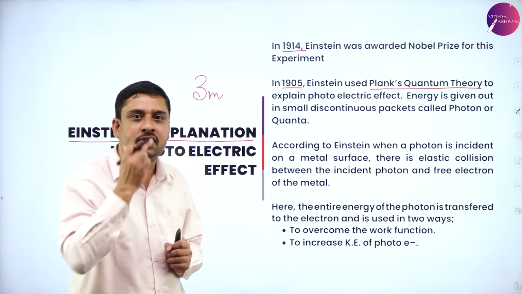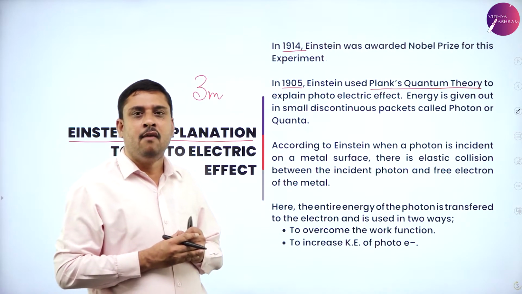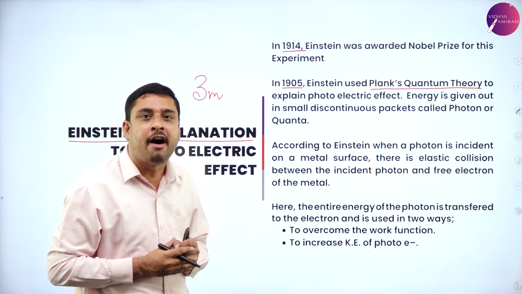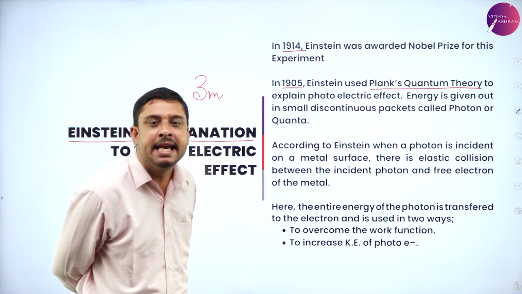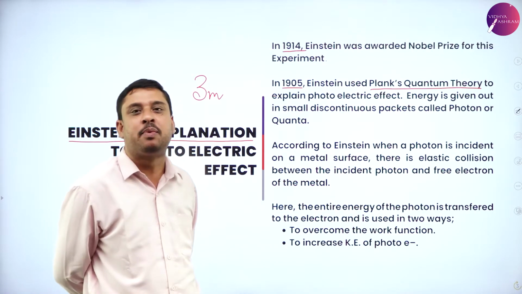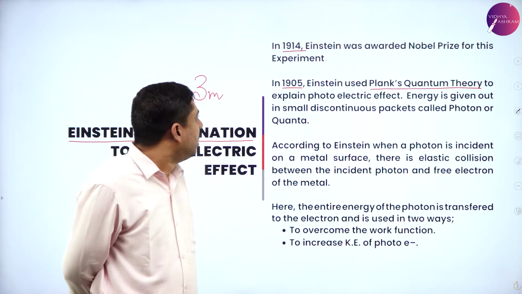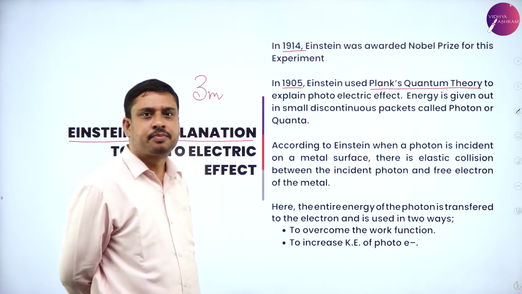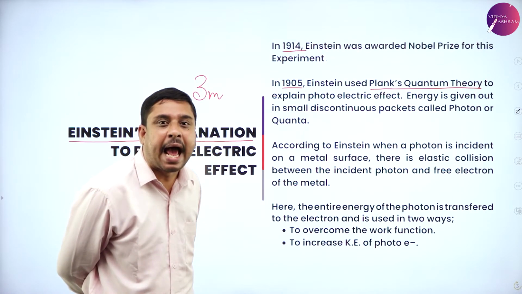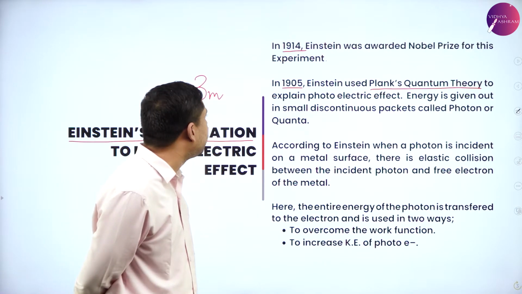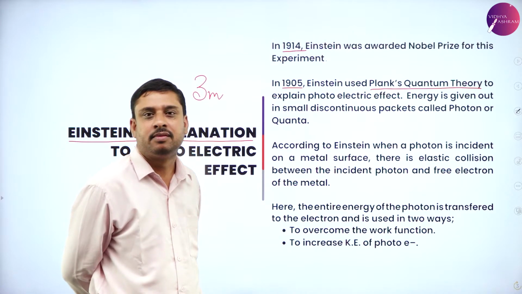My dear students, the quantum theory which was given by Max Planck was considered to be the backbone to explain photoelectric effect, and hence in 1905 Einstein is making use of Planck's quantum theory to explain photoelectric effect.